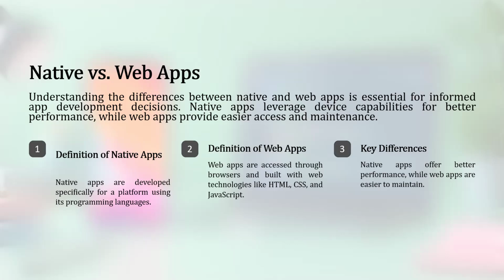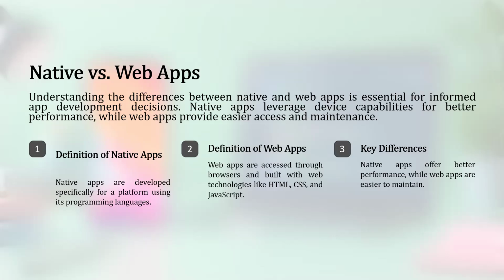For example, Java or Kotlin for Android and Swift or Objective-C for iOS. These apps are installed directly onto the devices and have full access to hardware features like camera, GPS, notifications, and sensors. That means better performance and smoother experiences.